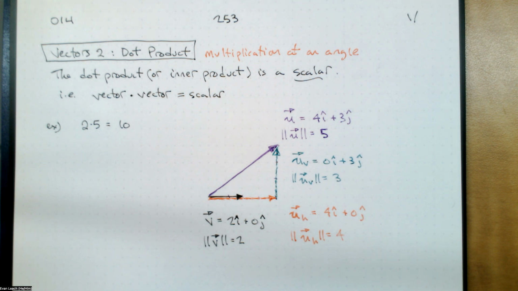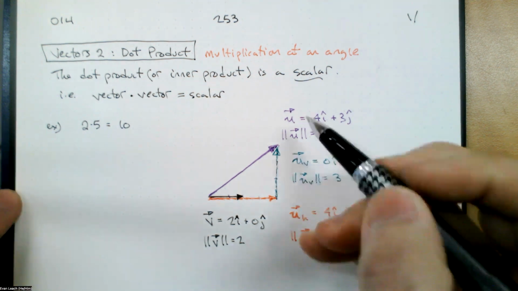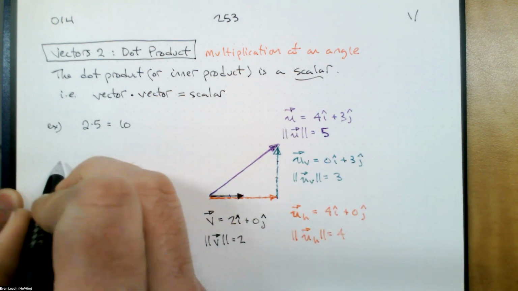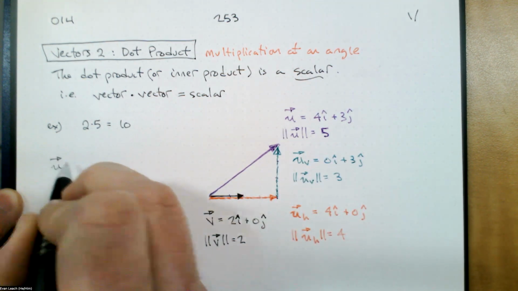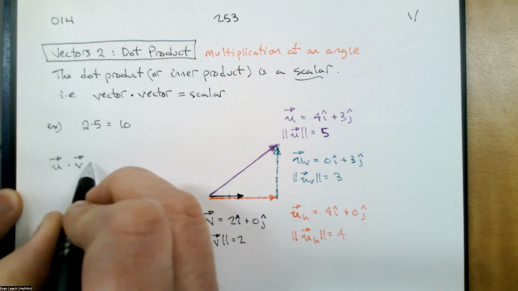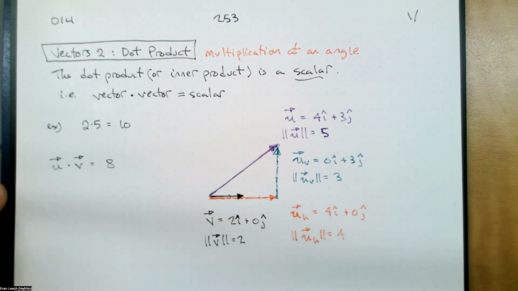So what we're going to find is that u dot v, in this case, is equal to 8, because there's only 4 of the vector u going in the same direction as the vector v.